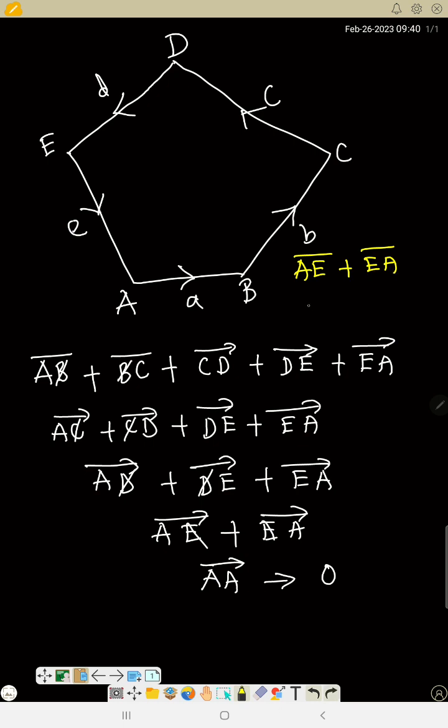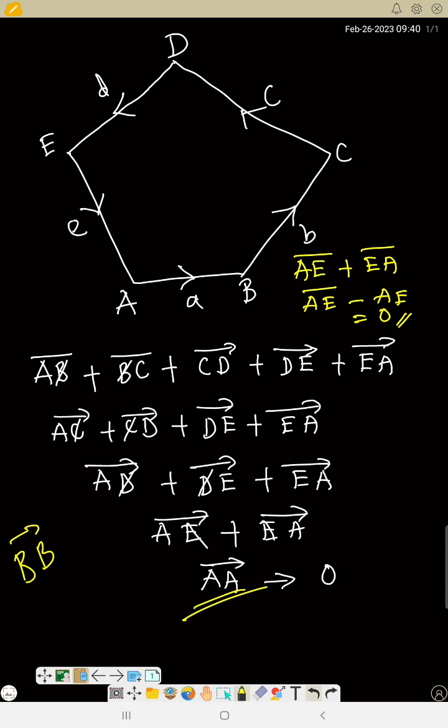So if you are changing EA to AE, then it must change to minus AE, as in opposite direction. So AE minus AE will be 0. It's visible that way that it is 0. If a vector starts from a point and still ends up there, then the resultant there is 0. Now that is for this one.